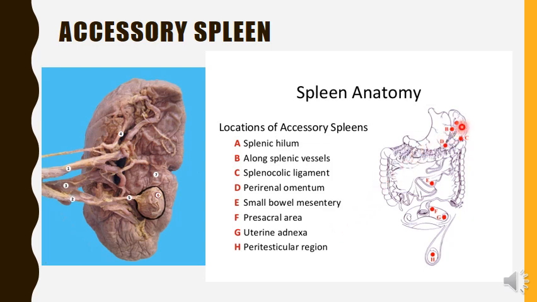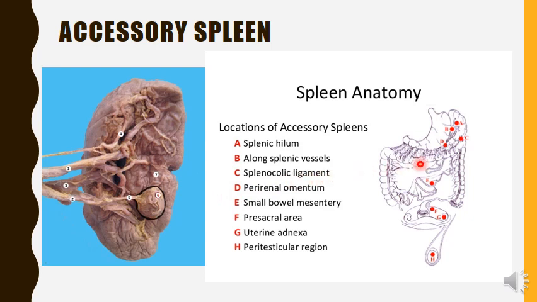Here, near the hilum of the spleen. This is the same thing this image is showing. And then along the splenic blood vessels also we can sometimes see the accessory tissue.